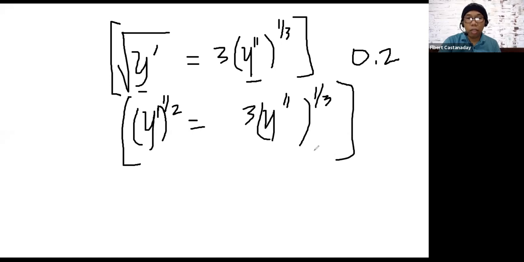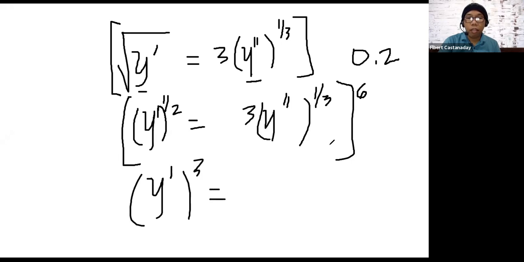Yung least common nila. But you raise both sides of the equation to 6, right? Okay, 6. Why 6? Yung least common, di ba? So 6 divided by 2 is 3. So y prime raised to 3.